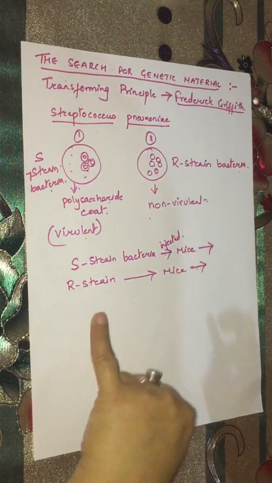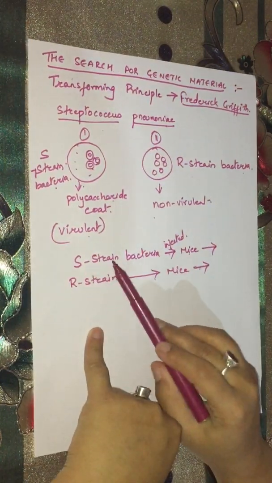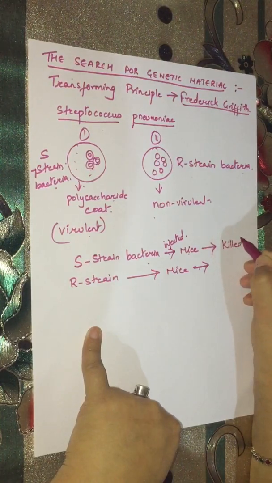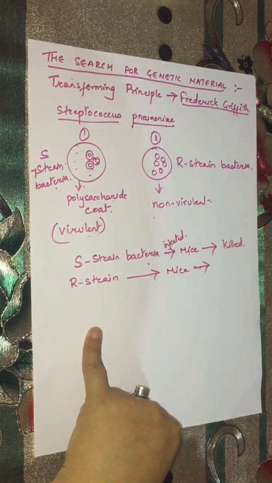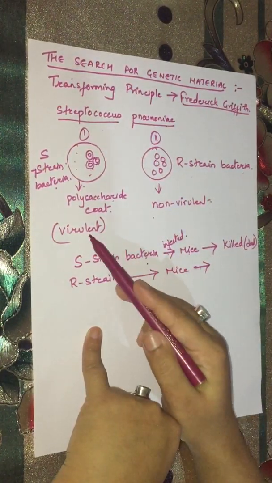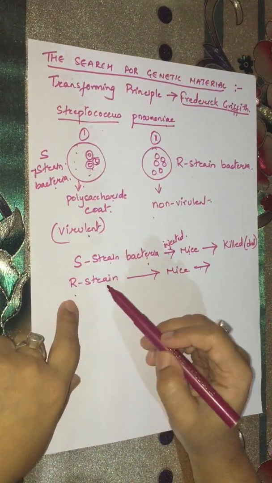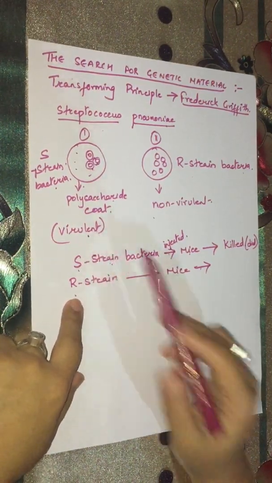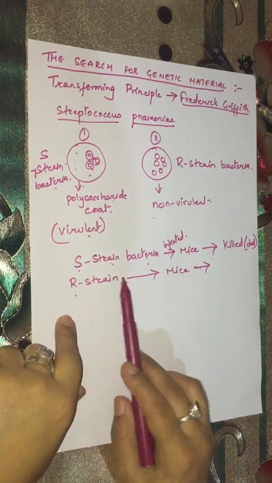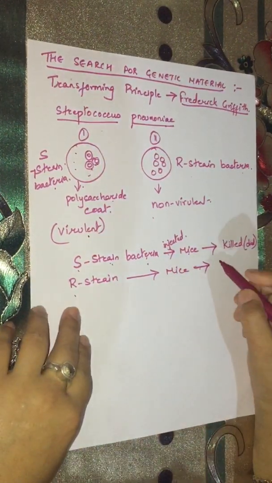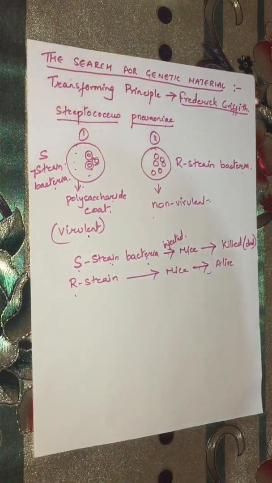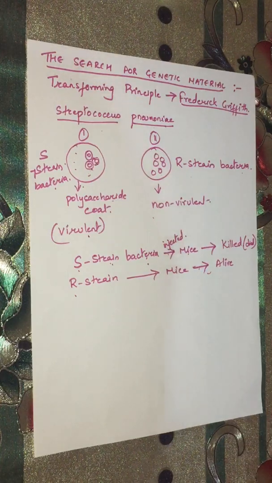When he injected the mouse with S strain bacteria, it was killed. The mouse died because the S strain bacteria were virulent. Now when another mouse was injected with R strain bacteria, the mouse was alive.